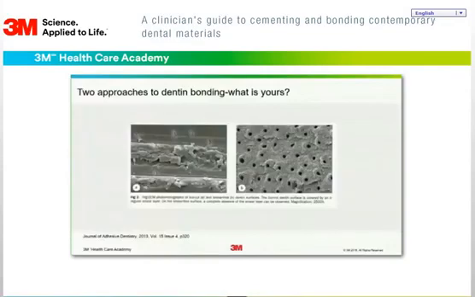And the two approaches to dentin bonding have involved two very simple concepts. As all of us know, when we cut on a tooth or we repair dentin, we're going to leave behind the slurry, if you will, of dentin and particles that are associated with grinding away the tooth structure.